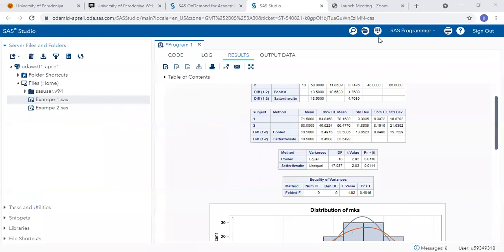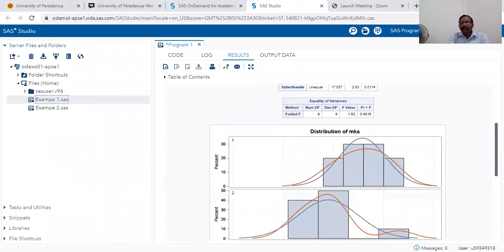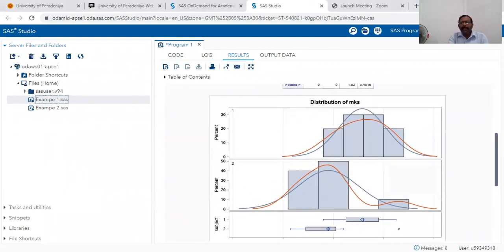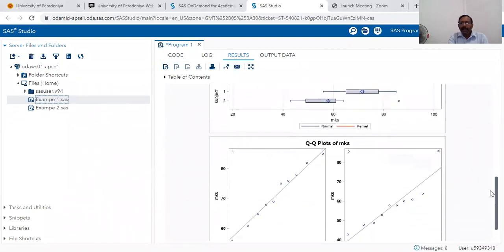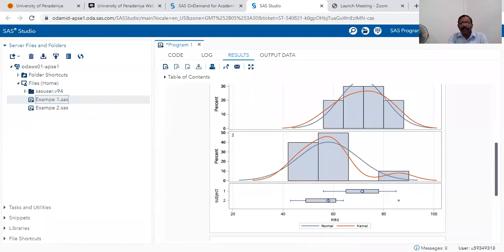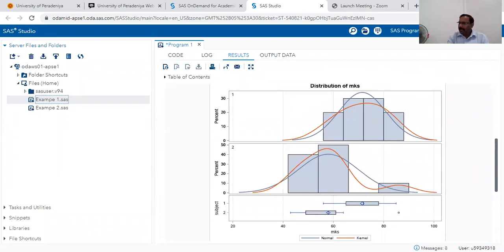Good. Now we will look at the lower part. In old SAS, it doesn't give, but in a new SAS, it gives some additional information. You see, this is for subject 1. This is for subject 2, for both subject 1 and 2.